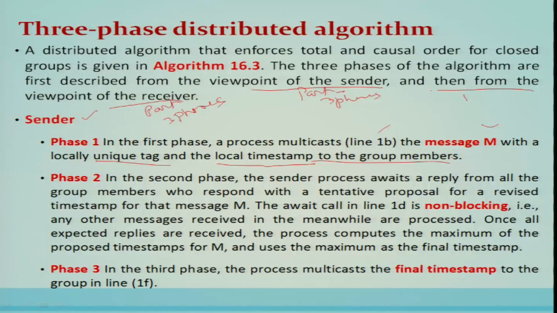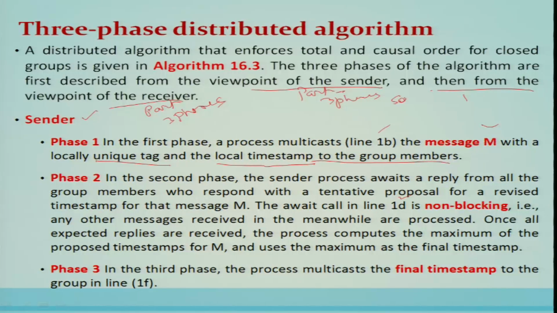Phase 2: in the second phase the sender process awaits a reply from all the group members, who respond with their tentative proposal for a revised timestamp for that message M. The await call in line 1D is non-blocking, that is, any other messages received in the meanwhile are processed. Once all expected replies are received, the process computes the maximum of the proposed timestamps for M and uses the maximum as the final timestamp. In the third phase the process multicasts the final timestamp to the group in line 1F.